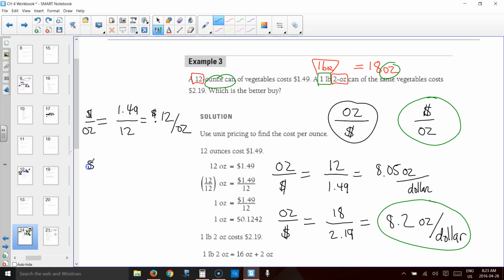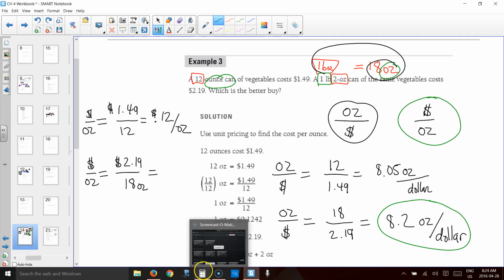Let's see how much the second scenario is. If we're talking about dollars per ounce, in the second scenario we've paid $2.19 for a 1 pound 2 ounce can. We've already converted that. It's 18 ounces, so $2.19 for 18 ounces.